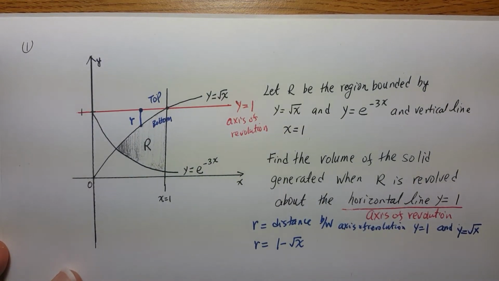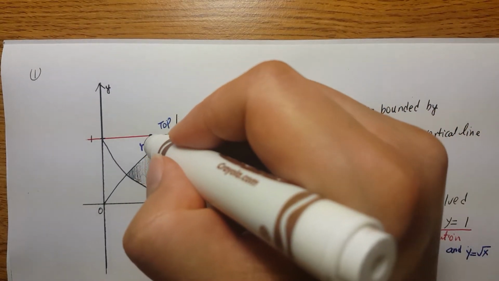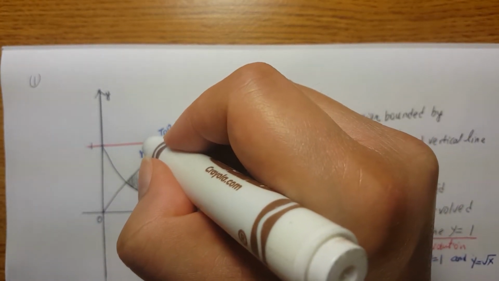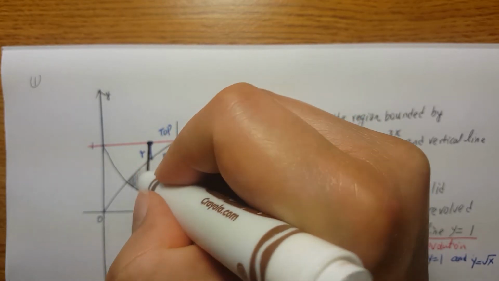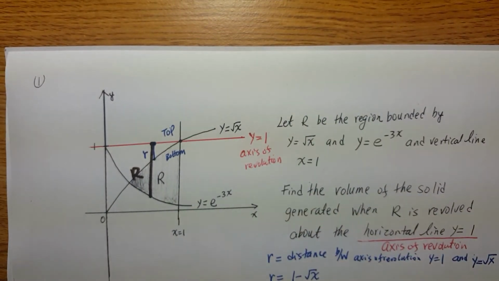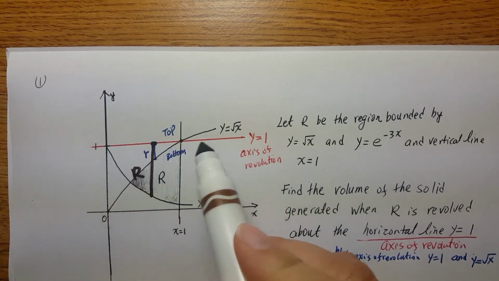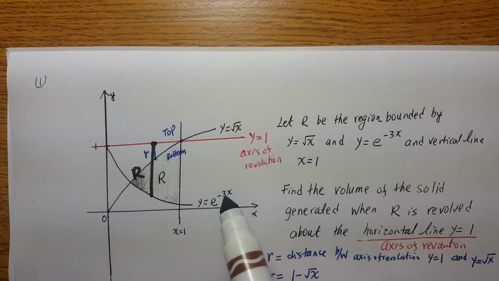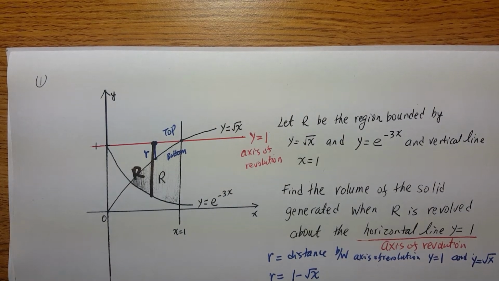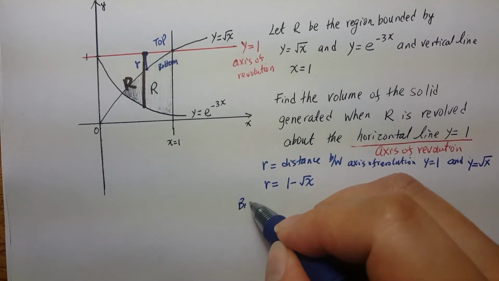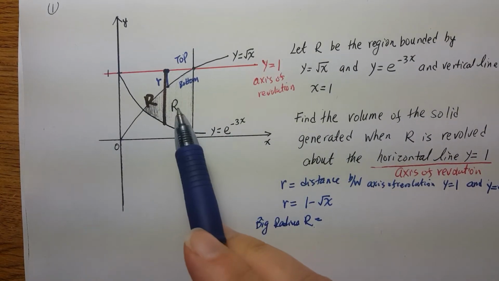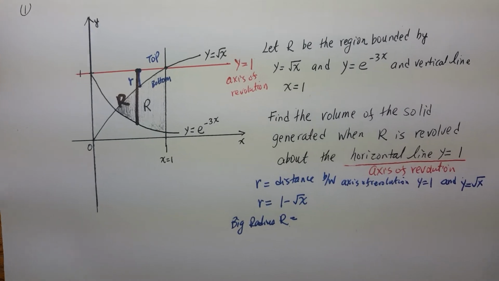Next we are going to find our big radius. Now I'm going to change the color. I'm going to draw from the center of the one that you chose and then go down. This time you will find that the big radius is between y equals 1 and the outer curve, y equals e to the negative 3x. So we say that the big radius R, okay, this R is the big radius, not the shaded region R, even though we use the same letter.